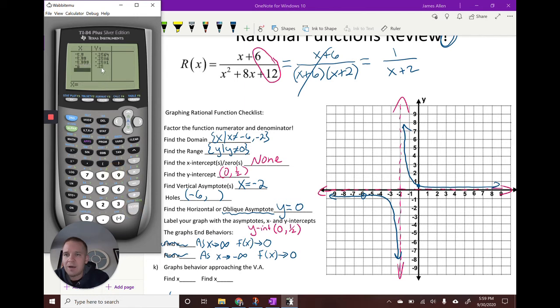What number do I appear to be approaching here? It says that I'm plugging in -6, but I'm not. I'm plugging in -5.9999, and it's giving me -0.25, and it's going to have some 001 going on afterwards, but they're cutting it off. Okay, so it looks like I'm approaching -0.25. Well, what about from the other side?